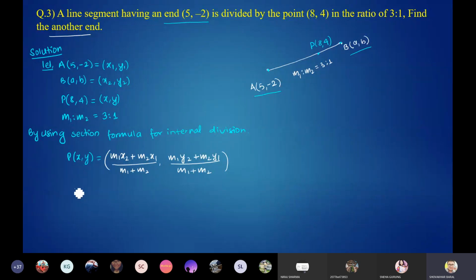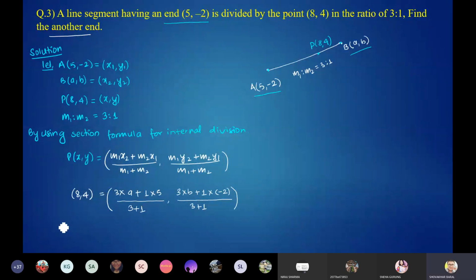So it is 8 comma 4 equals to m1, the value of m1 is 3, times x2 is a, plus m2 is 1 and x1 is 5, all over 3 plus 1, comma m1 is 3, y2 is b, m2 is 1 and y1 is minus 2, all upon 3 plus 1.